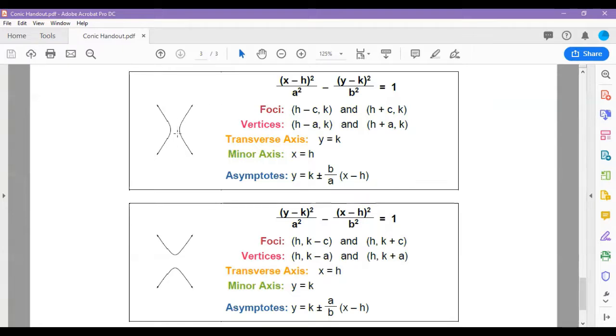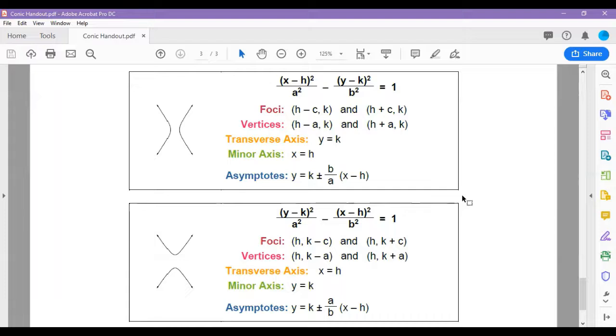So if my hyperbola is eating the x-axis, so this one's eating the positive and the negative x-axis, then the x comes first and it's associated with A. If it's a vertical hyperbola, so it's eating the y-axis, then the y comes first and the y is associated with A. So still, whoever's associated with A is the one that you're eating, you're chomping, but this time it has to come first. And then the other one gets associated with the B.